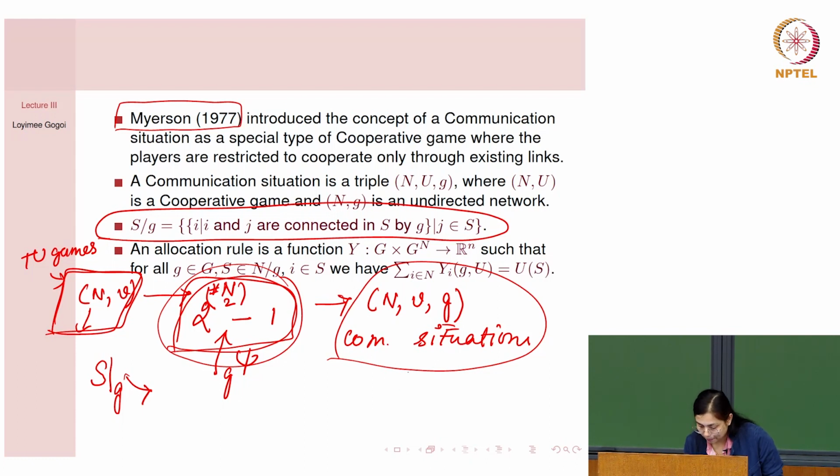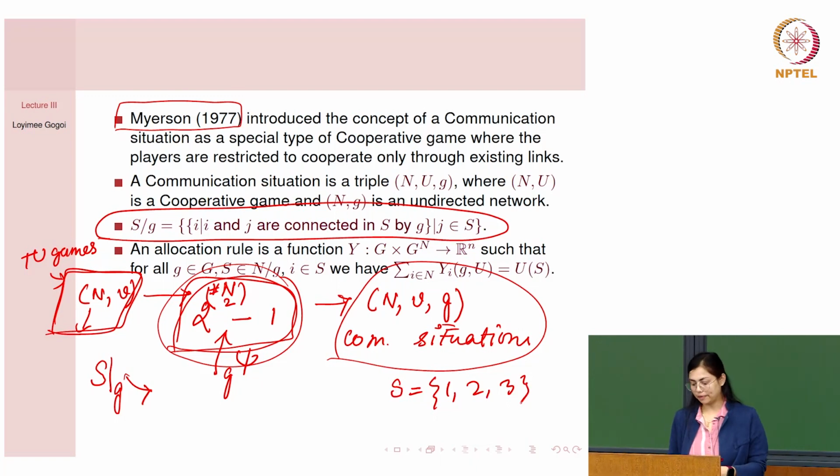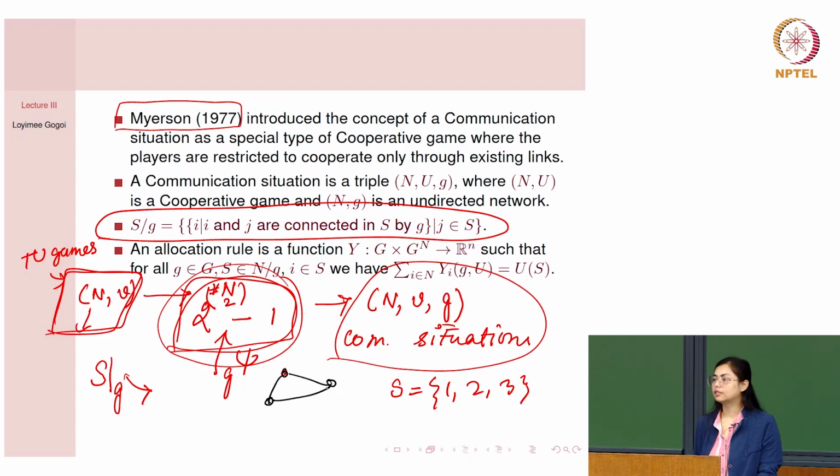In the previous example, for the 4-player game, S is 1, 2, 3, right? We can have different graph structures, say a complete graph among these 3 players.